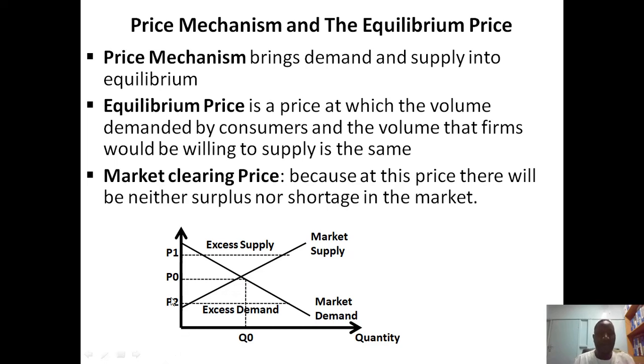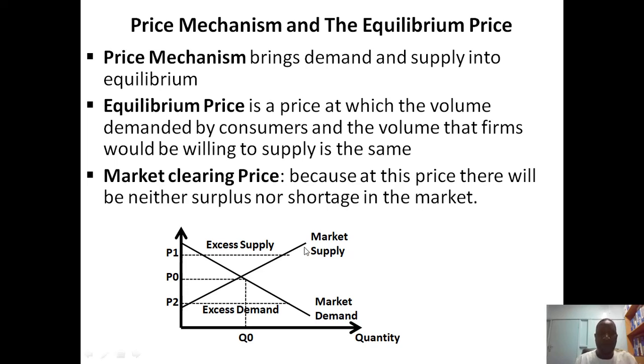So let's imagine we set a price that is above the equilibrium price. The following will be the results. If we increase the price above the equilibrium price, quantity demanded will fall, because according to the law of demand, when there is an increase in price, demand falls.